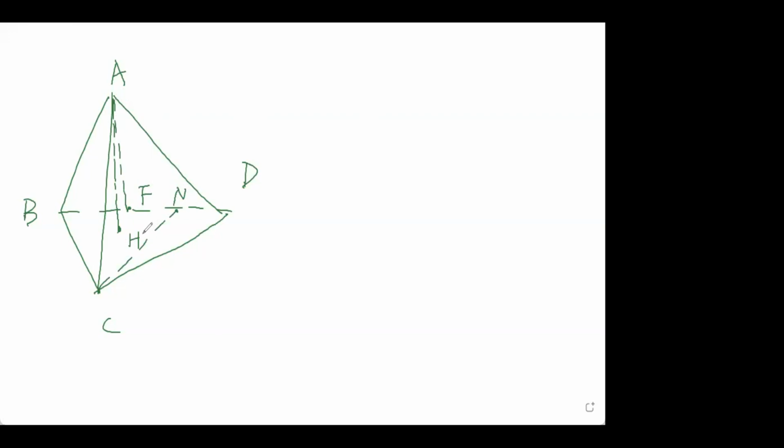We know that HF is parallel to CN, so we could form a rectangle FECN in the plane BCD.